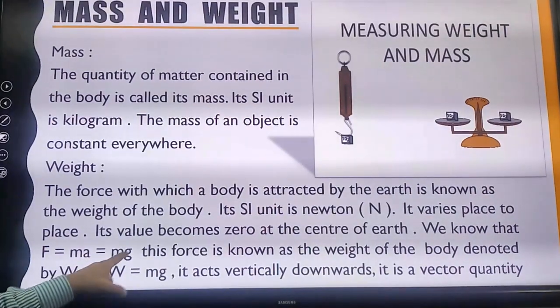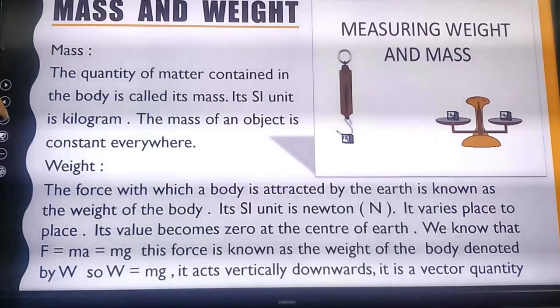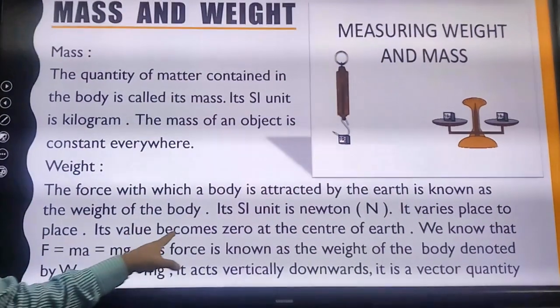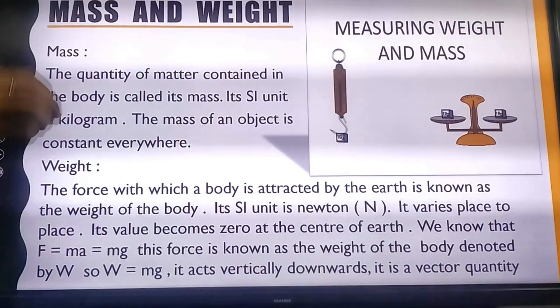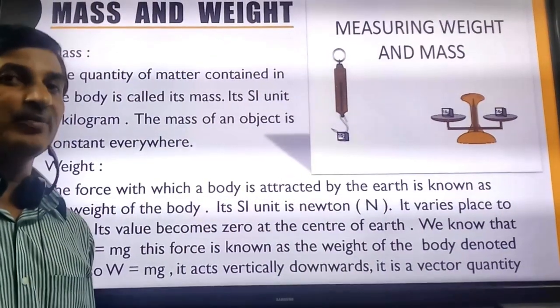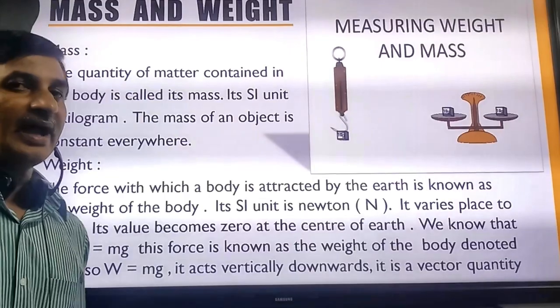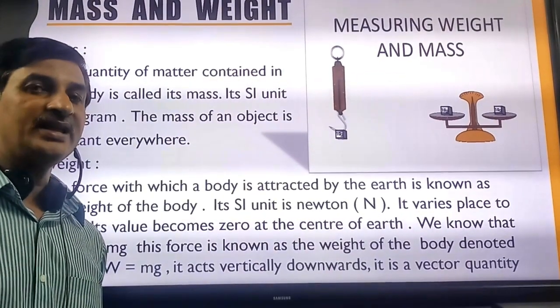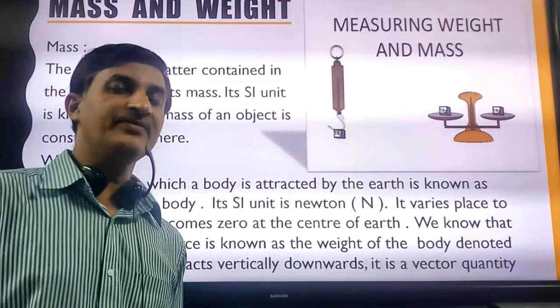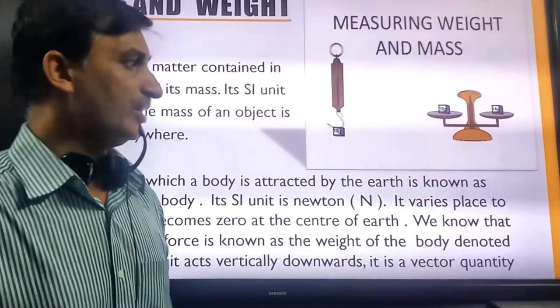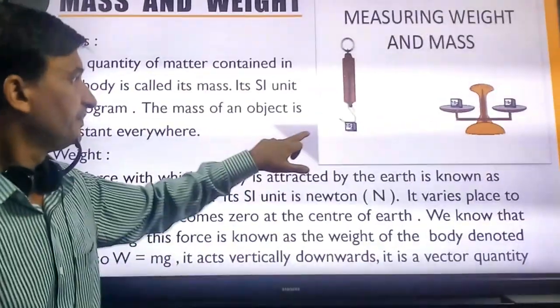That's why the weight of a body should also vary from place to place. Its value becomes zero at the center of the earth. If we keep a body at the center of the earth, the weight of the body becomes zero, and the weight of a body on the surface of the moon will be different from the weight of a body on the surface of the earth.